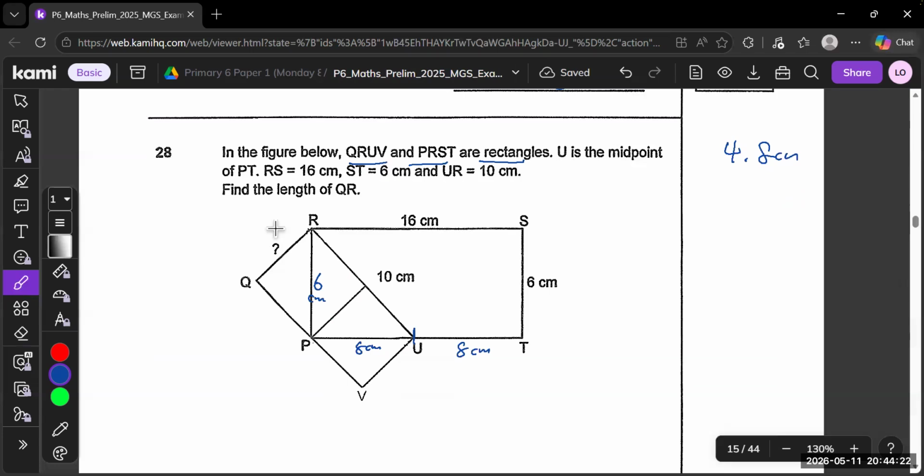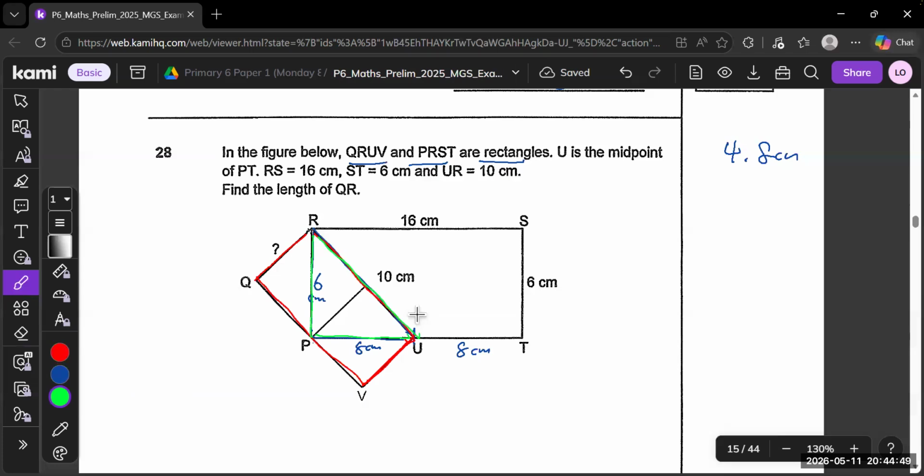Now, remember your methods. Do you see a triangle inside, inside what? Inside a rectangle? P5. We learned that in P5. What is that method? If you see a triangle inside a rectangle, can you draw this triangle into a right angle triangle?